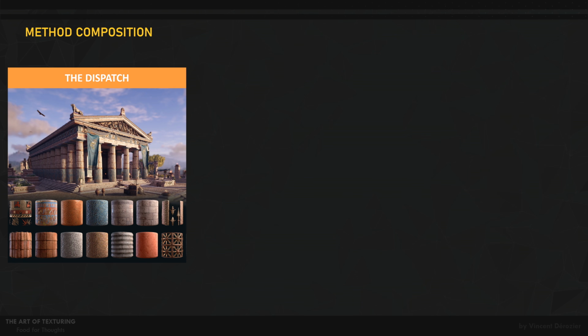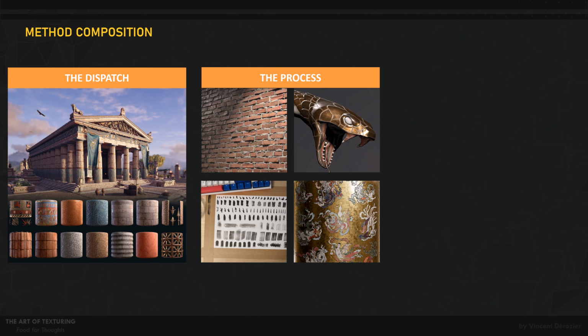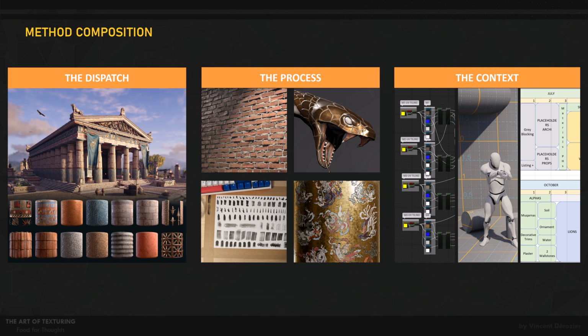After that, how you do it. That's the process. Procedural, baked textures, how you're going to use a global normal, tileable, painted, photo bash, etc. Finally, the context. The type of shader, texel density, or even the time you have.